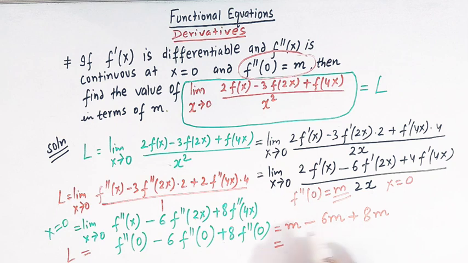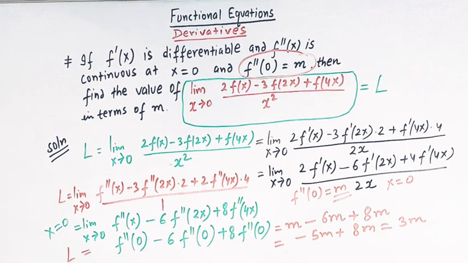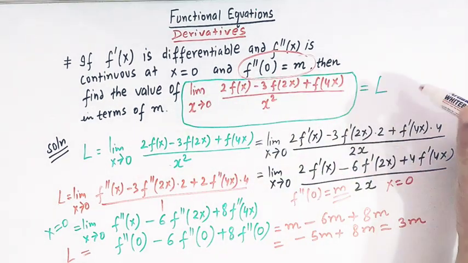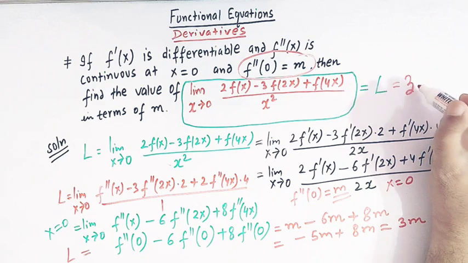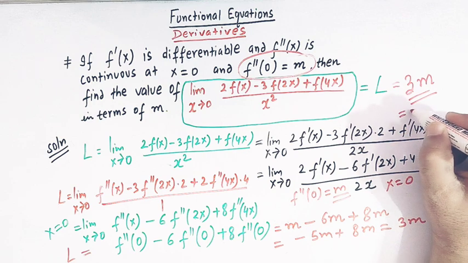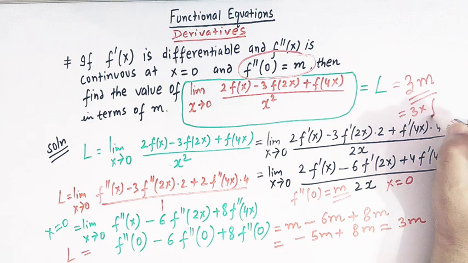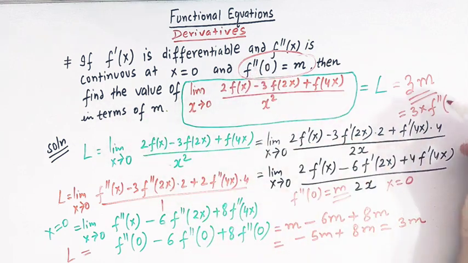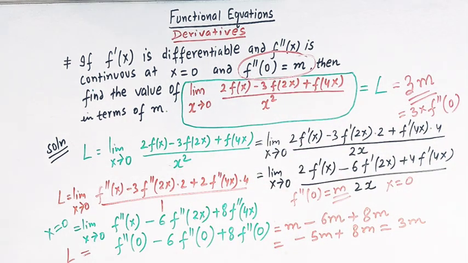We have m, then minus 6m, then 8m. So m minus 6m is minus 5m, and adding 8m gives 3m. So viewers, the value of this limit is equal to 3 times m, or we can also say that this is 3 times the value of the second derivative of f(x) at x equal to 0.